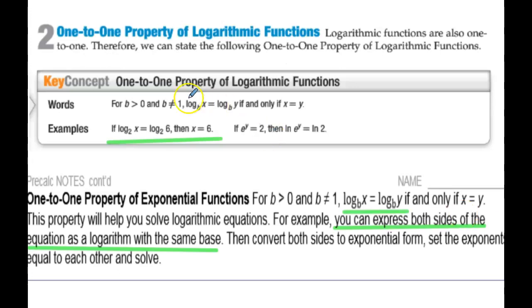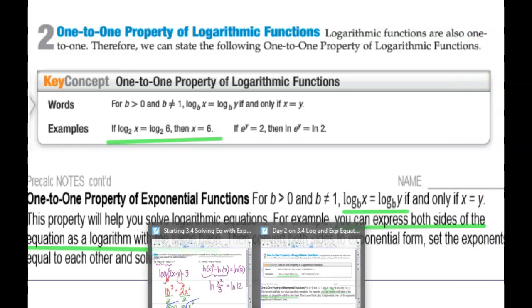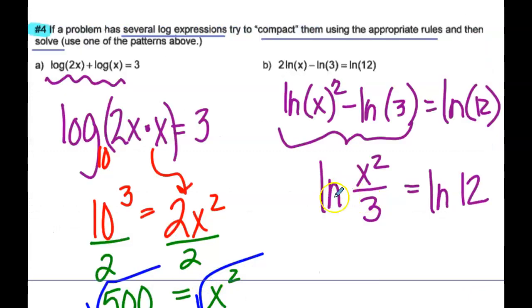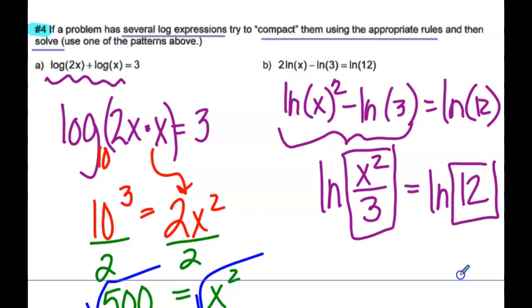Here we go. One-to-one property of logs. If the log base b of x is equal to log base b of y, then x must equal y, okay? Which is a big fancy way of saying that the only way that this is equal to this log is if what's in here is equal to what's in here. Does that make sense?